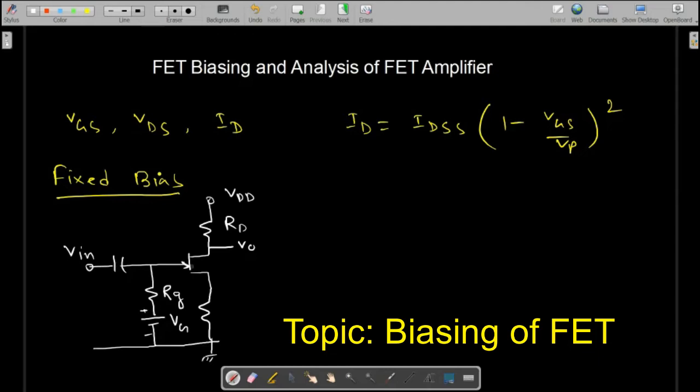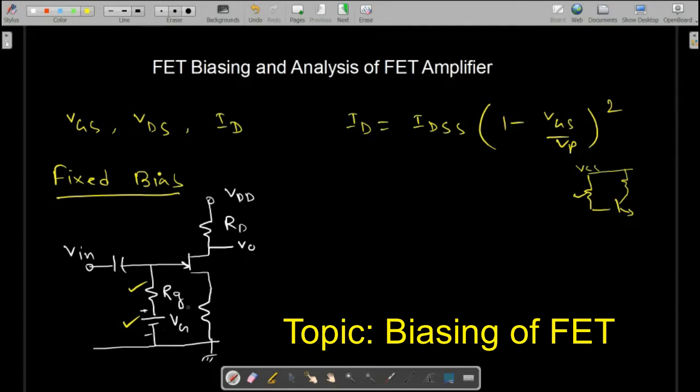So this biasing circuit is the fixed bias circuit, where the biasing is done by using this resistance RG and this voltage VG. So it is same as your BJT fixed bias. Just try to remember, for BJT fixed bias circuit, it was something like this. The biasing resistance was connected to this VCC. Similarly here, the resistance RG is connected to some separate voltage source VG.